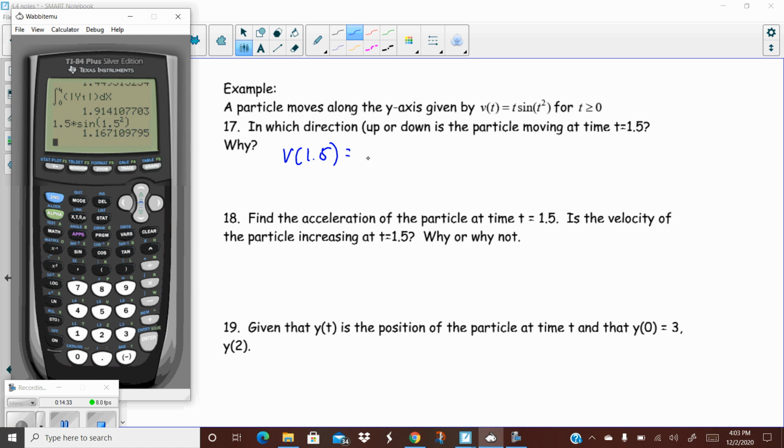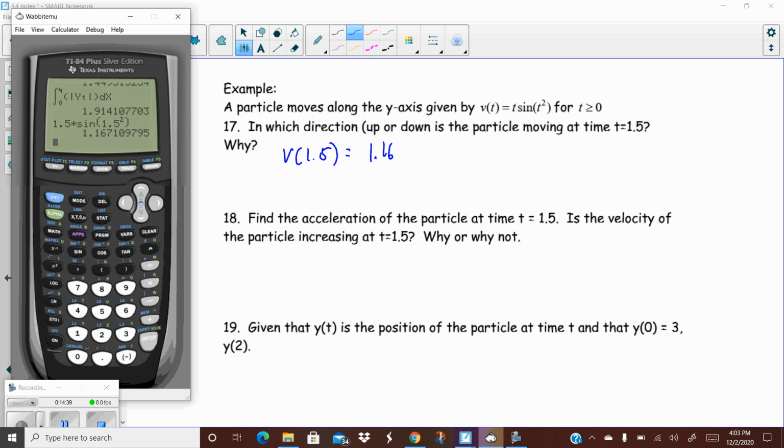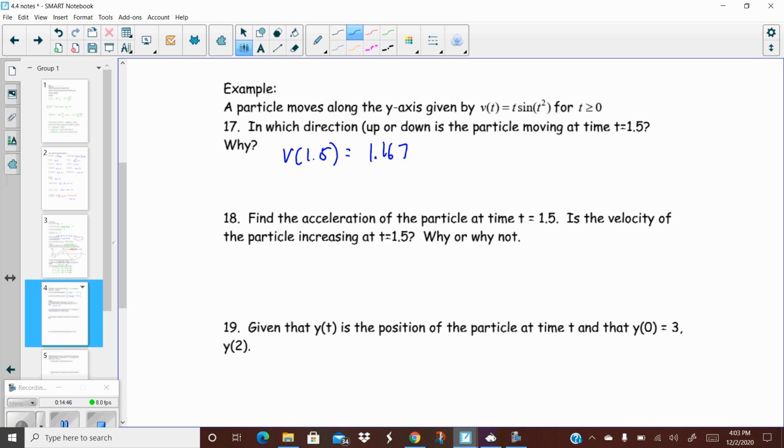And that gives us a velocity of 1.167. It doesn't say what the units are, but I'm assuming this is probably meters per second or something like that. But if it doesn't say unit, you don't have to include them.